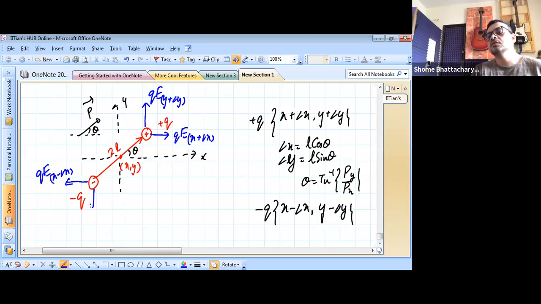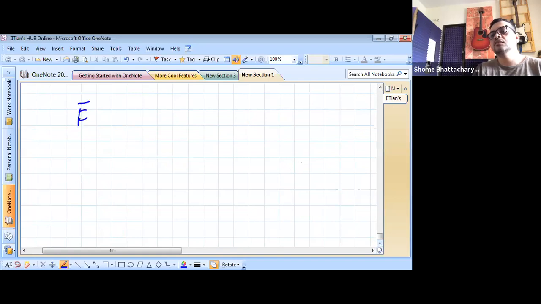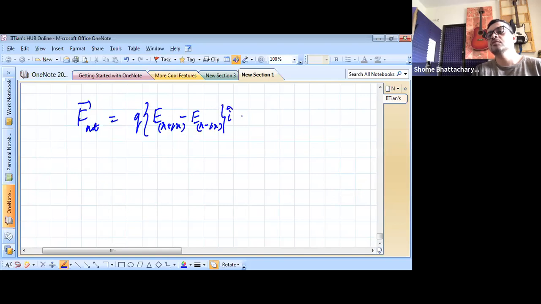This is experiencing Q into E at y minus delta y. So you see what the net force on the dipole is now becoming. F net is becoming Q into E at x plus delta x minus E at x minus delta x, I cap, plus Q into E at y plus delta y minus E at y minus delta y.